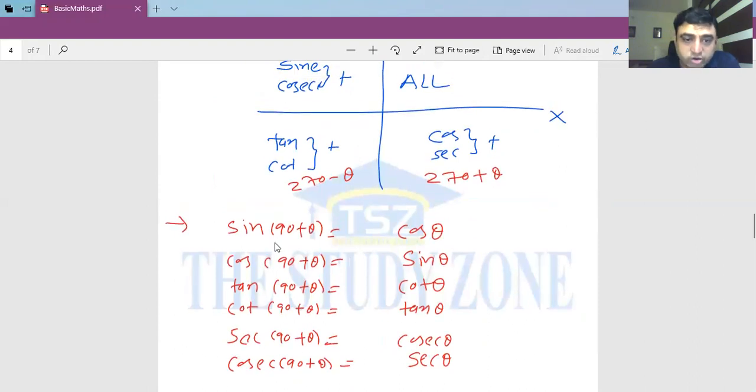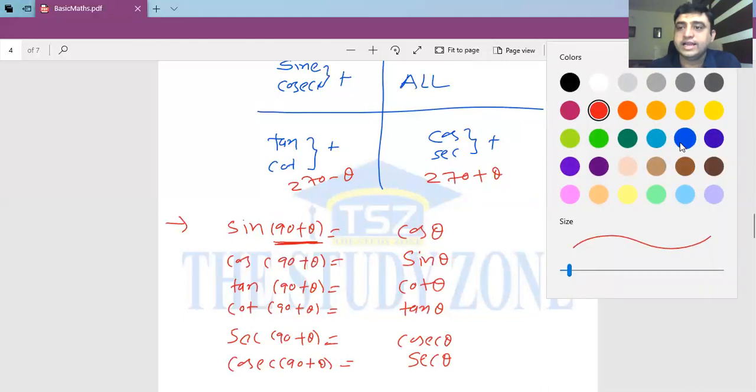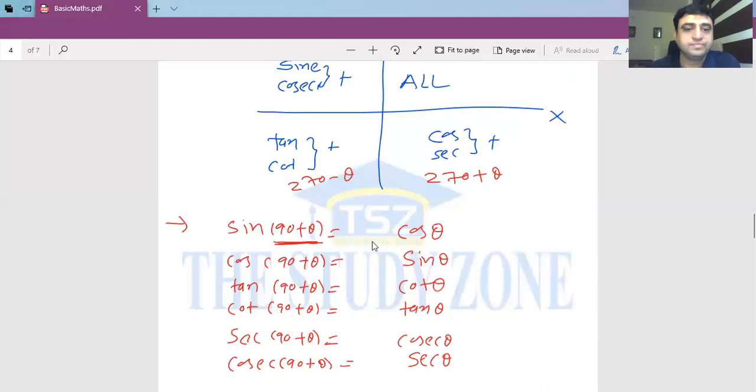Now you have to see this angle, 90 plus theta. It is in the second quadrant. In the second quadrant, which functions are positive? S for ASTC: sine and cosec. Sine is positive and cosec is positive.